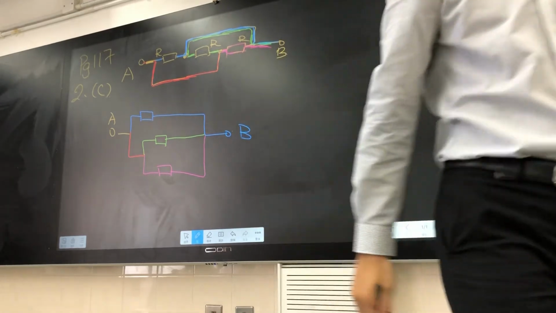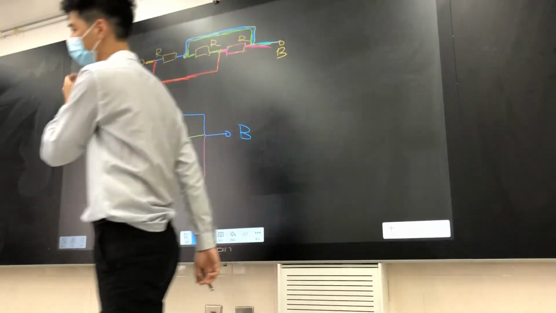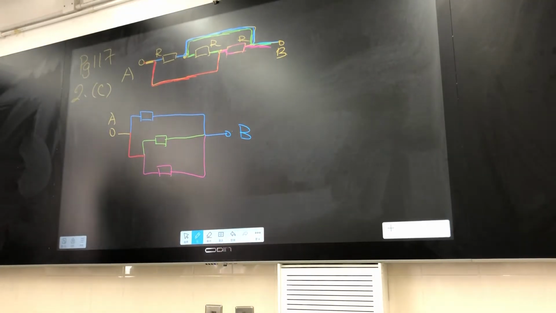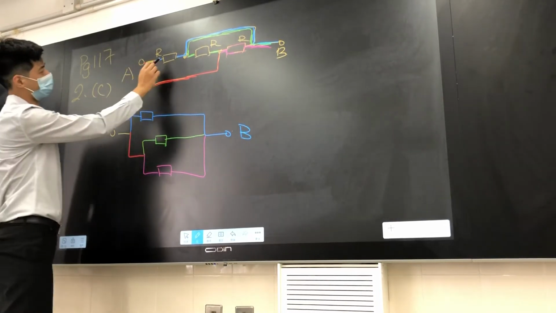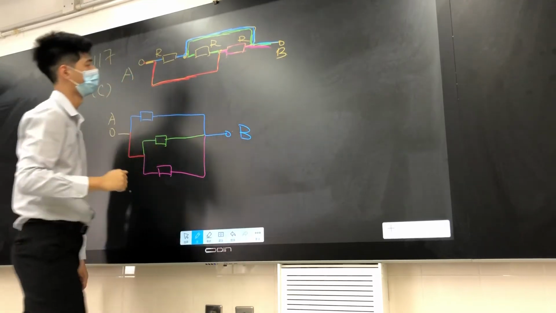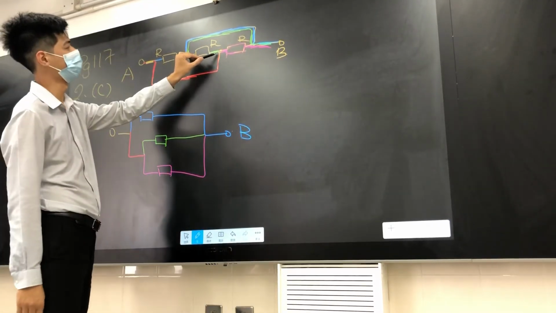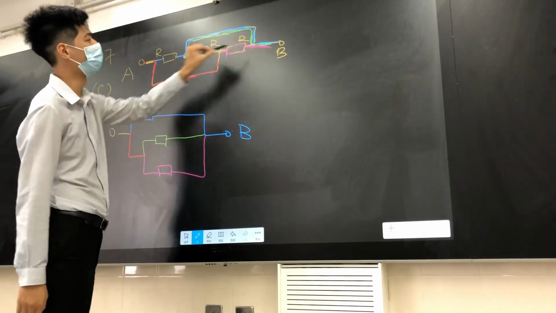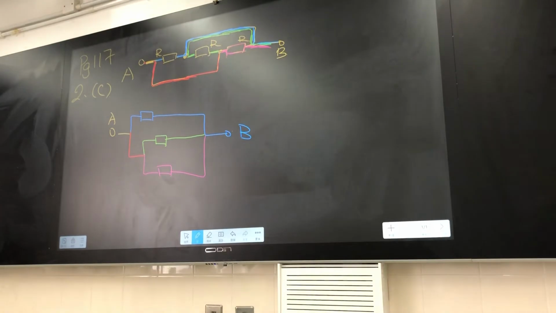So no matter which path the current chooses, it at least goes through one resistor. If you choose the upper part, you pass through this resistor and then go to point B. If you choose the lower part at this point, you still need to choose one path to go, and you will still pass through one resistor.